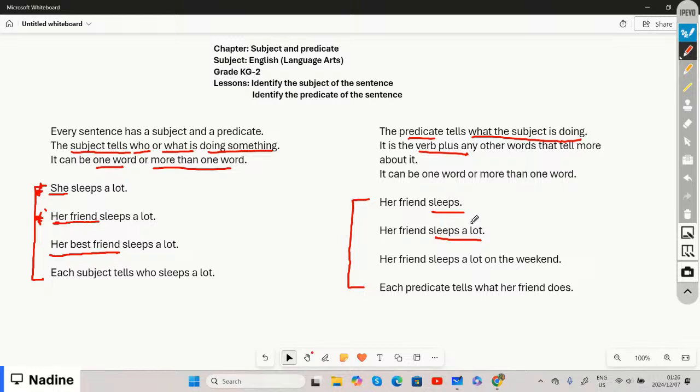So sleeps a lot is our predicate. And then the last one says, her friend sleeps a lot on the weekends. What do you think is the predicate within that sentence?